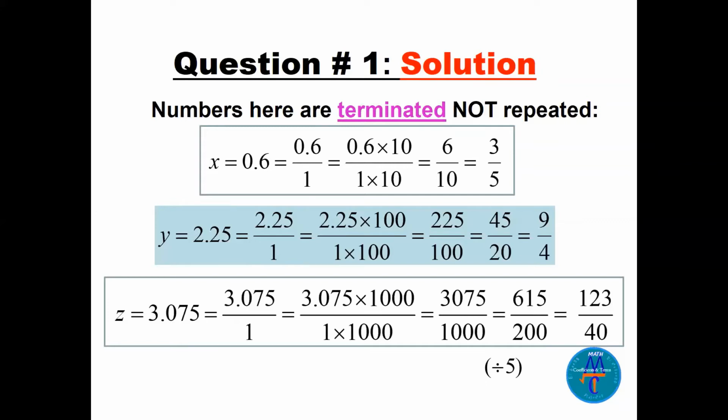You can divide by any number up and down, divide by 2, divide by 3, divide by 5, until you get this simple fraction, 9 over 4. Now let's go to the third number, which is not repeated, 3.075 divided by 1. We have 3 numbers after the decimal point, multiply by 1,000 up and down, and then divide by 5 up and down. You get 123 divided by 40. That's example question number 1, an easy one.